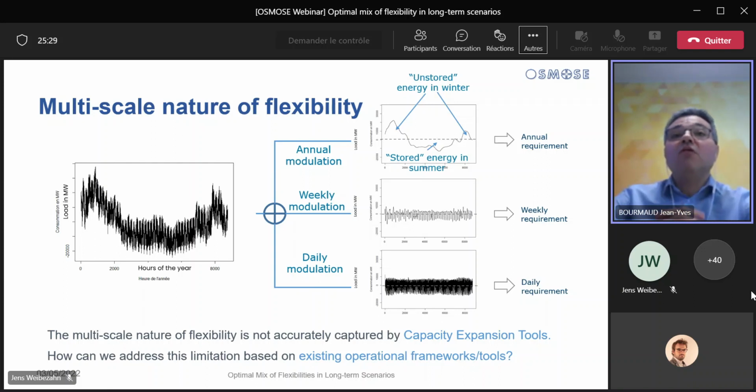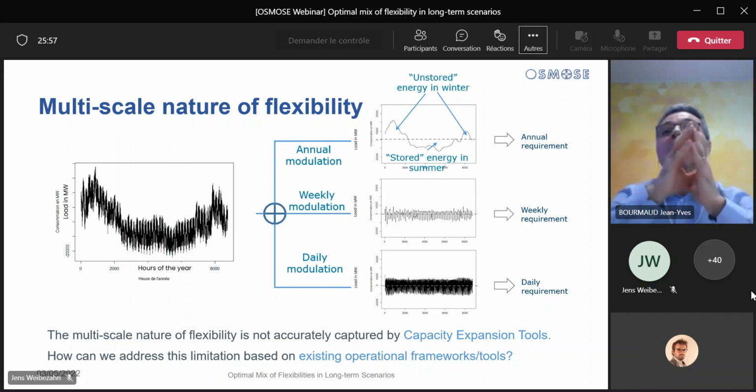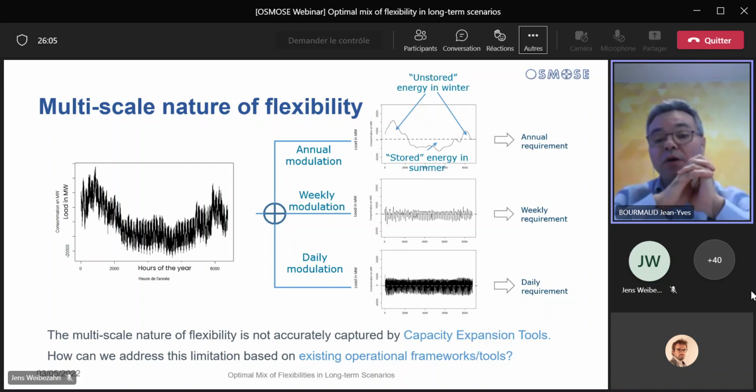Different flexibility solutions behave in different ways depending on the timescale, thus fulfilling different roles in the power system. Here, you see the net load, that is to say, the load minus the fatal generation, like wind or run-of-river. In this graph, the net load is decomposed in several relevant timescales, namely annual, on the upper part of the graph, weekly on the medium part of the graph, and daily on the lower part of the graph.